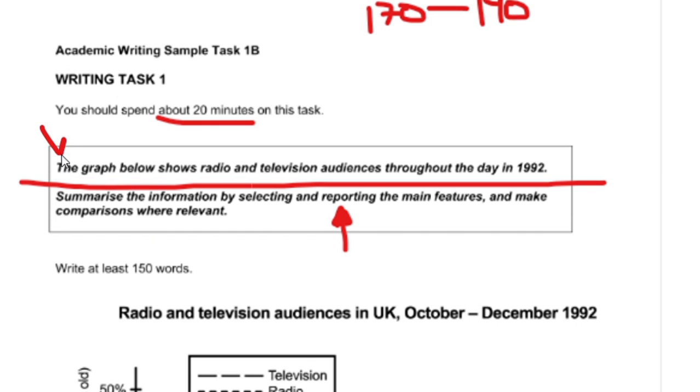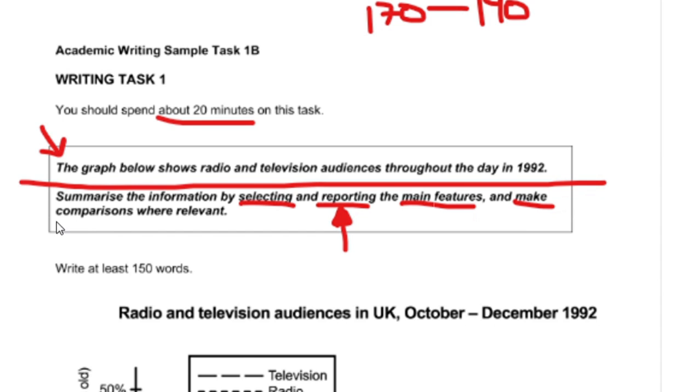Up here above, this is the information that's specific to the chart or graph that you're reviewing. The line graph below shows radio and television audiences throughout the day in 1992. Now it's important for you guys to note that in this section below, summarize the information by selecting and reporting the main features. The main features means that you don't have to select or report everything, it just means the main features.